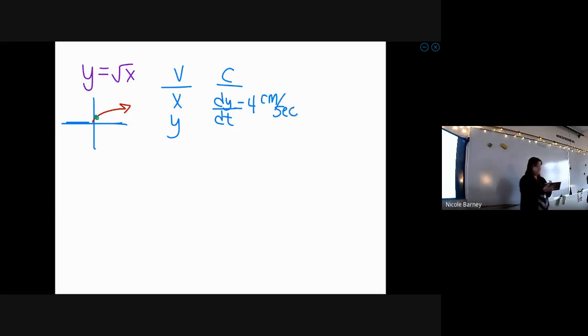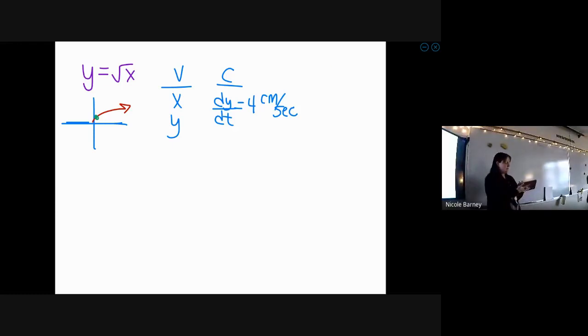Anything that's a variable has to stay in the equation until after we do our derivative. Anything that's constant can be plugged in before we do a derivative, but there is no rate of change before we do a derivative, so there's nothing we can really plug in first.